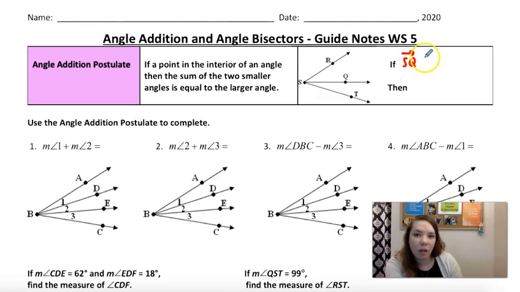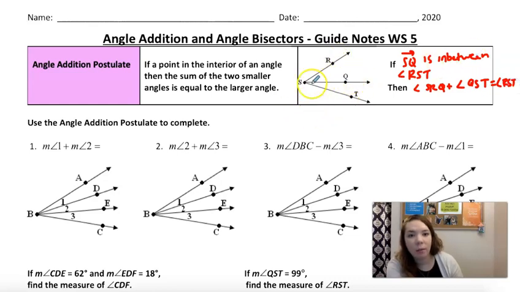If SQ is in between angle RST, then angle SRQ plus angle QST equals angle RST. Okay, that's a long way of saying these two smaller ones add to be the bigger one.